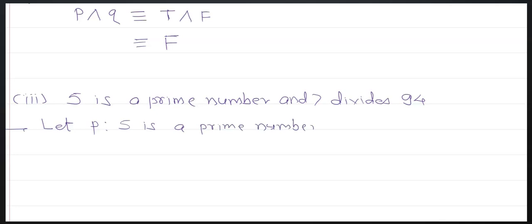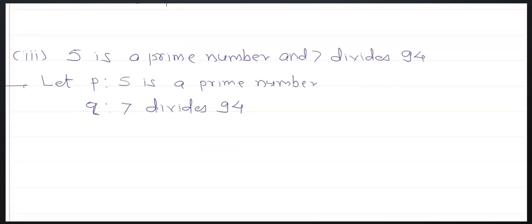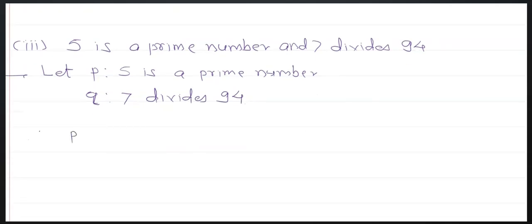Now 5 is a prime number. Yes, it is a prime number. Its truth value is T. But what about the Q? 7 divides 94. 7 does not divide 94. Its truth value is F. And there is an AND. Therefore, T and F is again F. In conjunction, in AND statement, if both of them are true, then it is true, otherwise false.